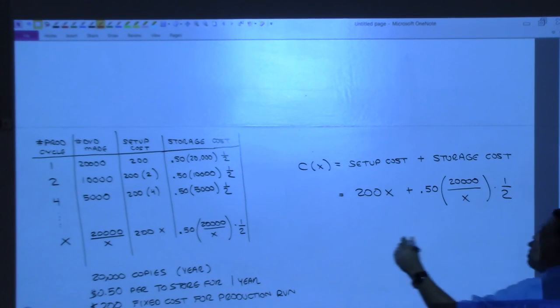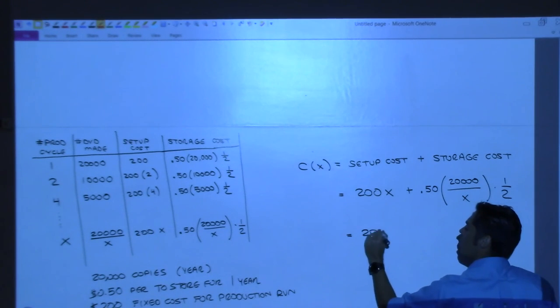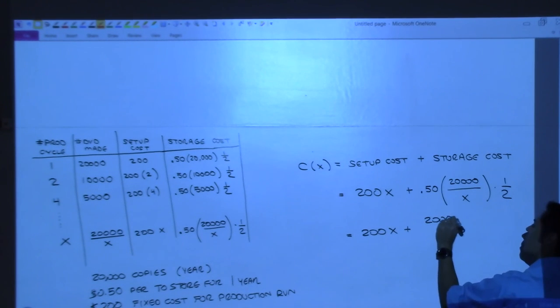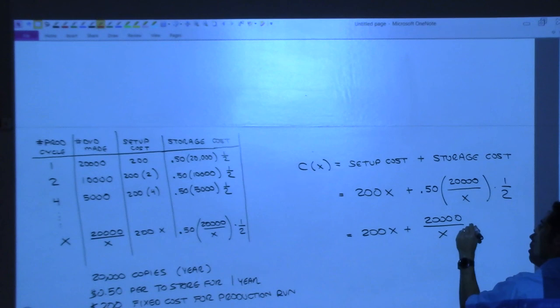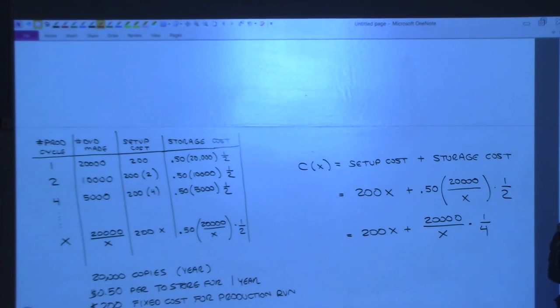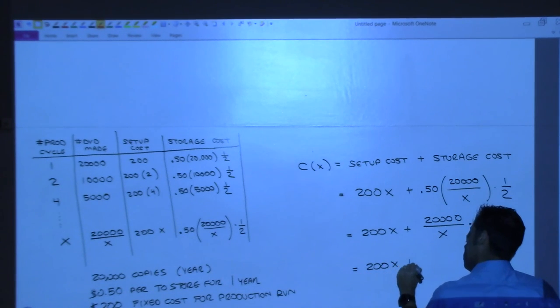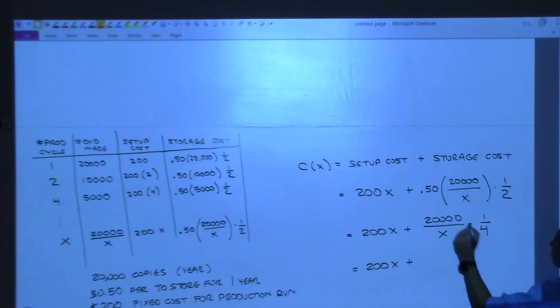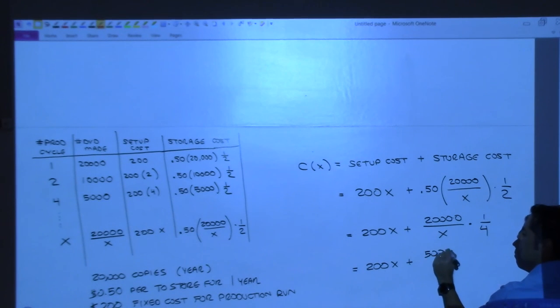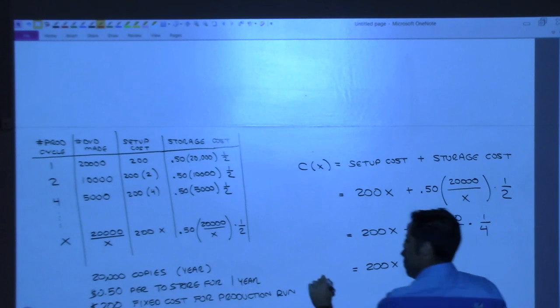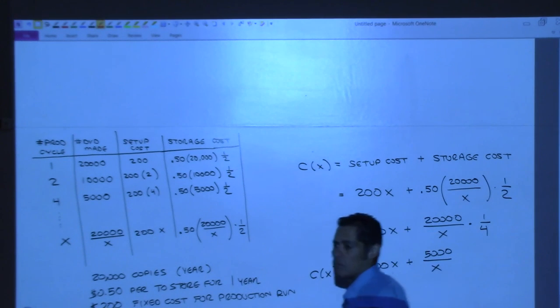So I'm going to go 200X plus 20,000 over X times a fourth. And then 4 goes into 20,000 how many times? So I'm just going to reduce this fraction. 5,000 over X. Do y'all see where that came from?